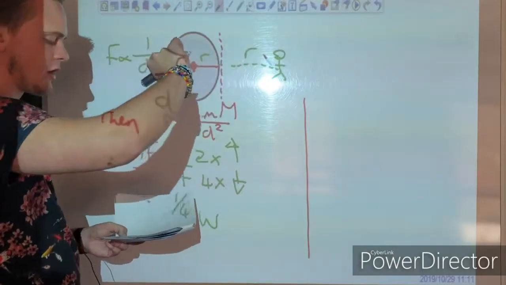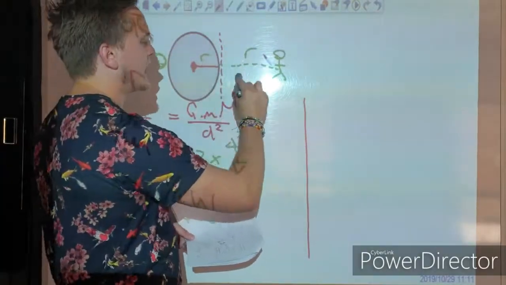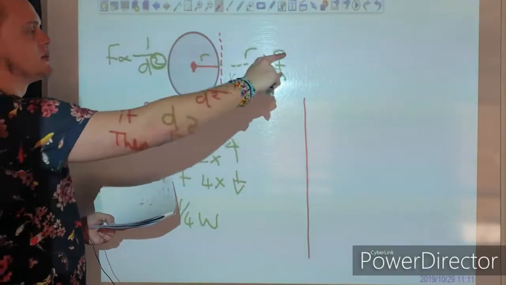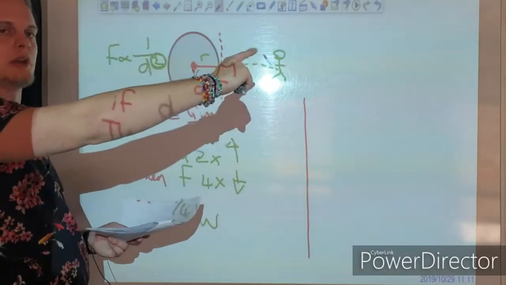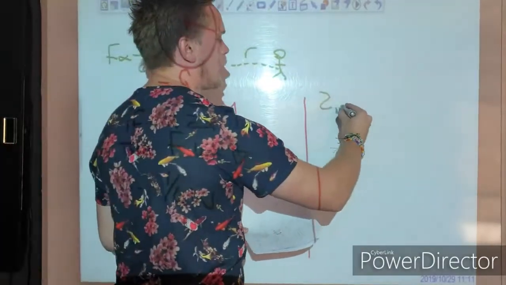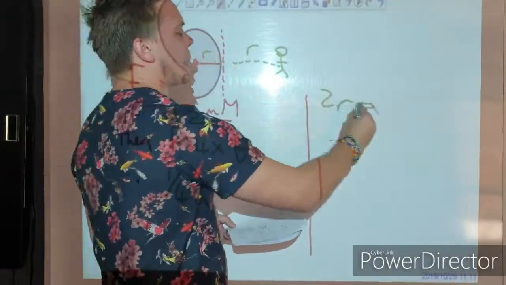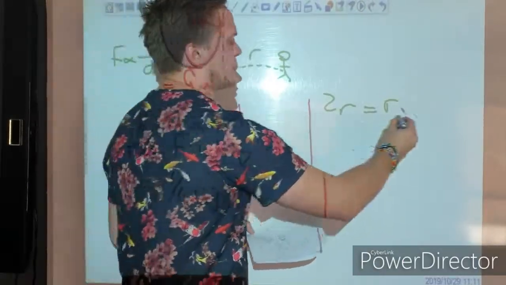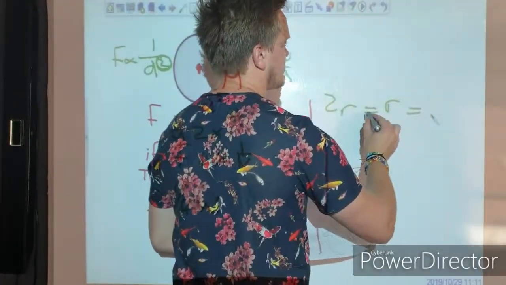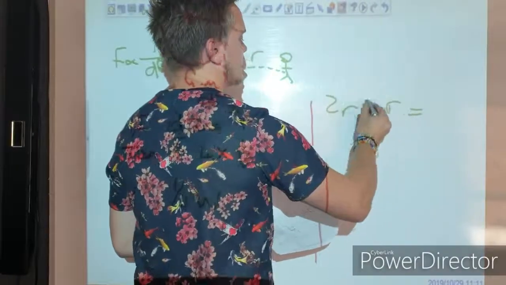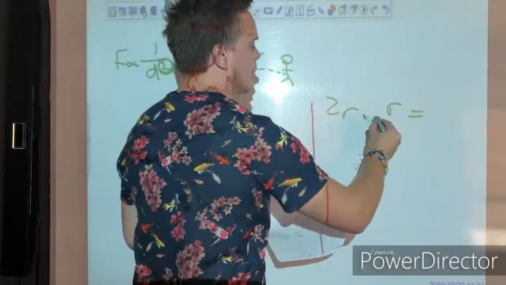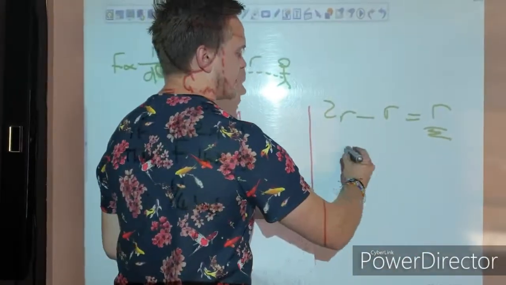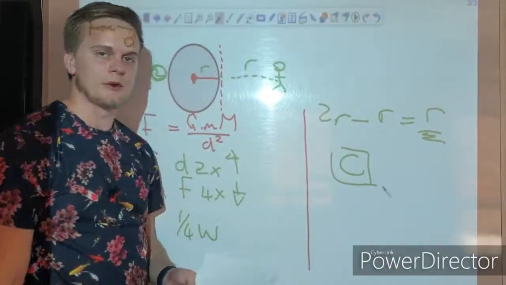Remember, the gravitational law says it's the distance between the midpoints. So here it's actually 2r from the middle point, but they want to know the distance from the surface. 2r minus r should give you r, and the correct option that fits that will be option C then. All right.